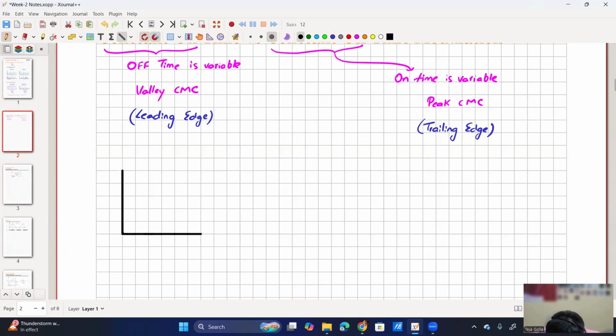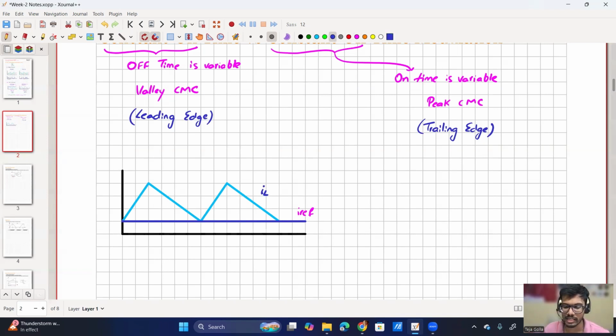So, okay, now I'll draw the inductor current. On time is fixed. And then of course the current reference. So this is my IREF, valley current mode, so that's why I have drawn it. And you should be clear with the nomenclature, don't confuse yourself.